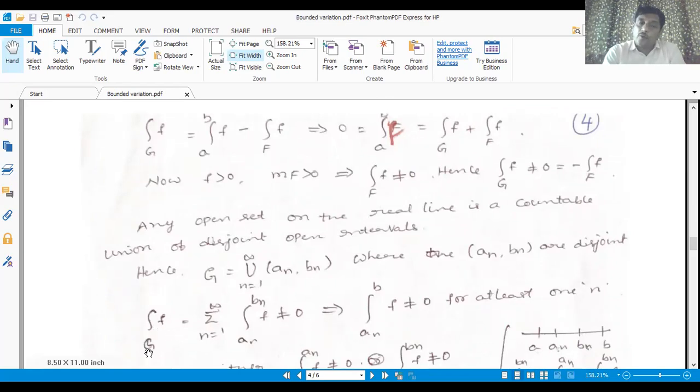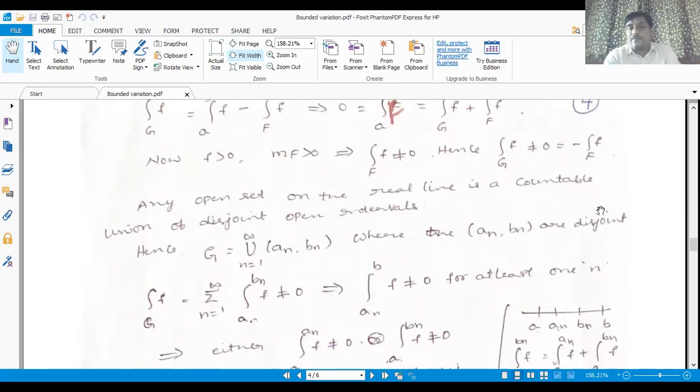The integral of f over G is equal to the summation, n running from 1 to infinity, because the union becomes a summation by the measurability of the sets. Then definitely the integral over (an, bn) of f is not equal to 0. This means that the integral over (an, bn) of f is not equal to 0 for at least one of the values.